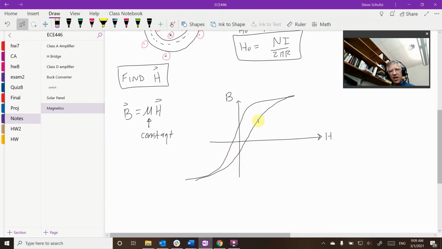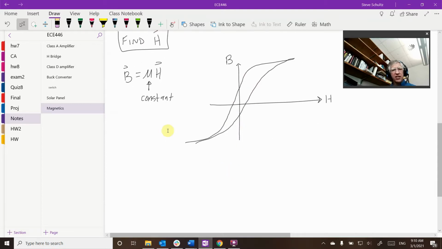Okay. The other thing is that whether I'm going up or down tends to be a little bit different, and this is called hysteresis. Now, in this, we're typically going to be using materials that we're assuming are fairly linear in this region, and then we're going to look at our saturation at the ends.